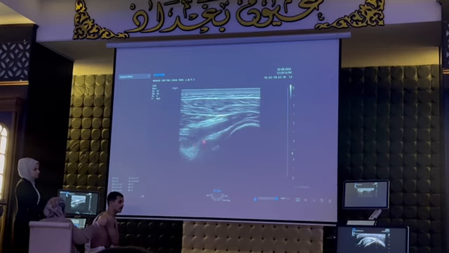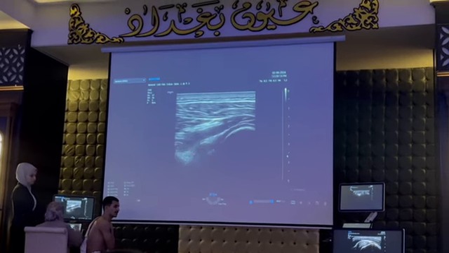Here is a defect. This defect contains blood vessels and nerve.